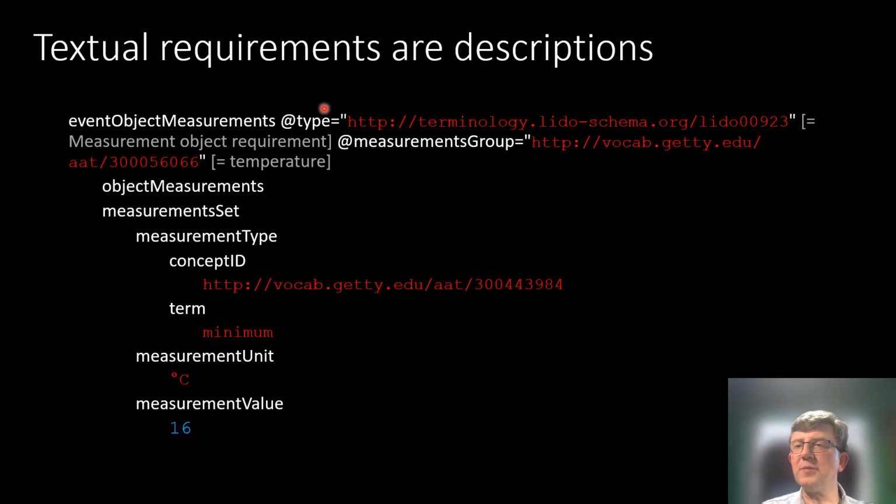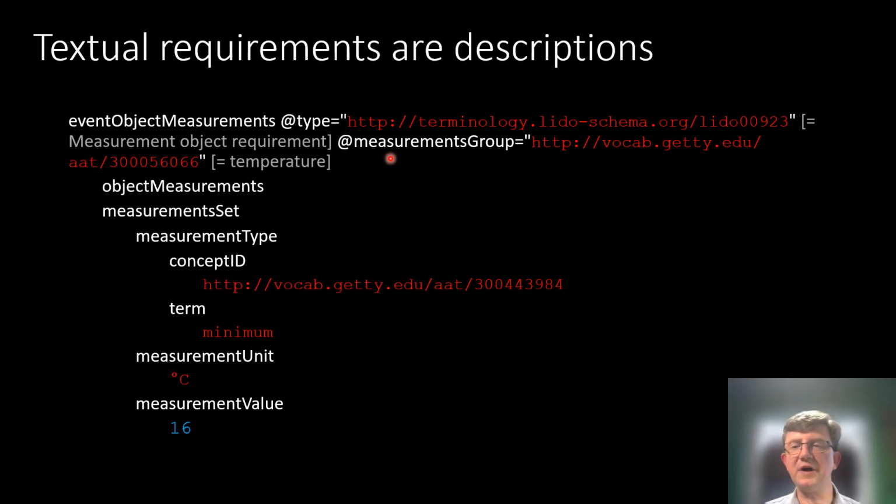Numerical data requirements are tagged as sets of measurements within these events, and there are 2 attributes in the containing element which specify: 1, that the measurements are of the object's requirements, not the object itself. That's the type attribute. And another, that the block of measurements being described, what it actually relates to, in this case, temperature requirements.